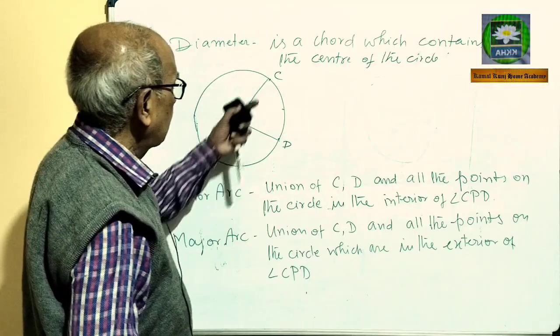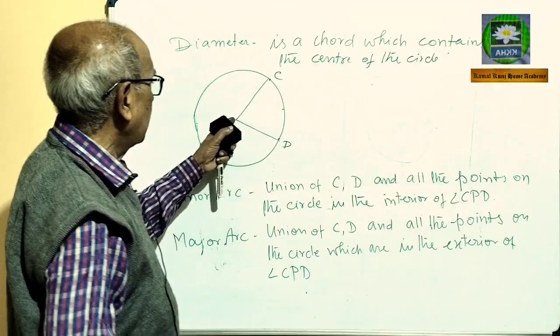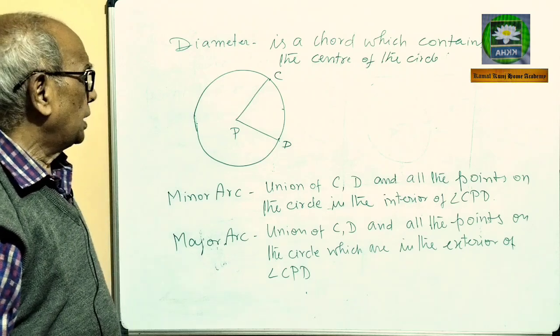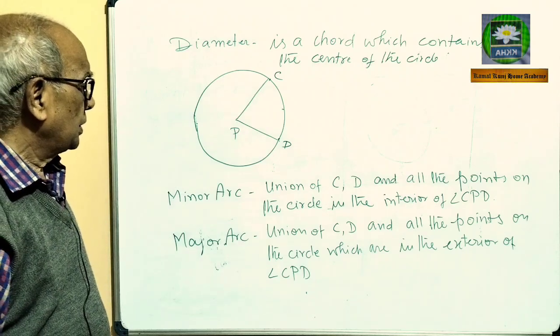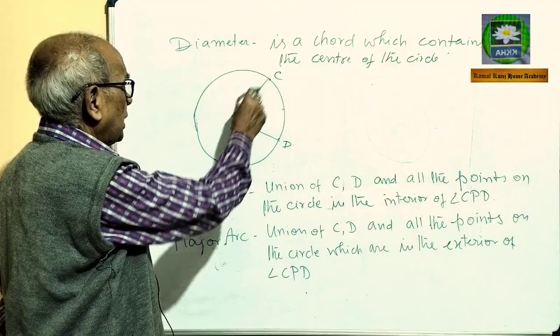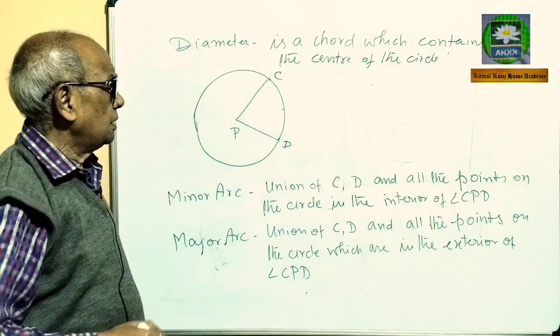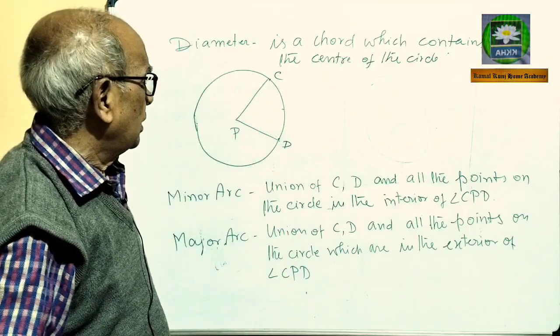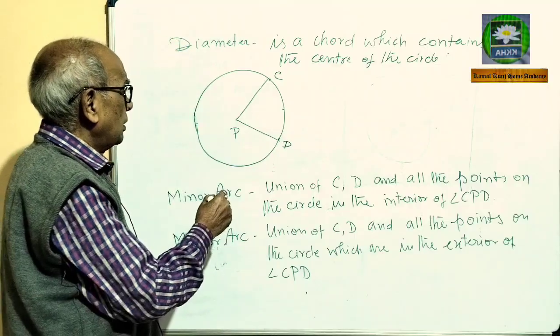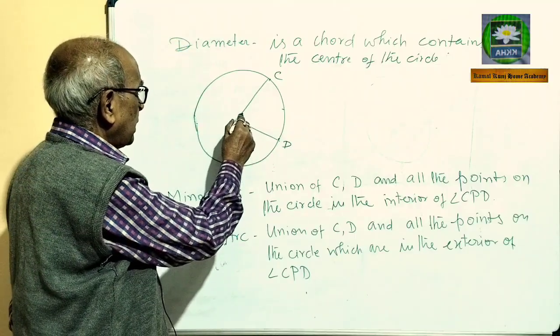And the measure of an arc is the angle subtended at the center by the arc. Here the measure of the minor arc is the measure of this angle CPD. This is also called the central angle.